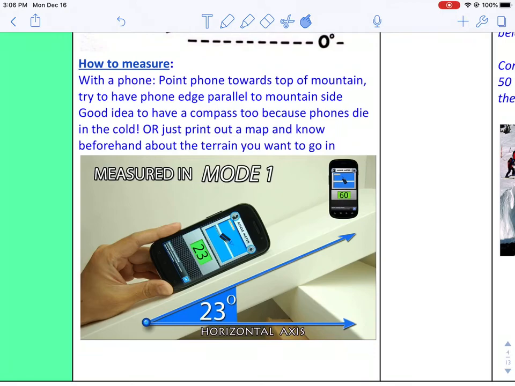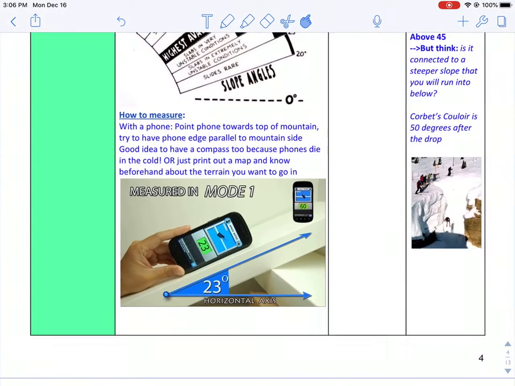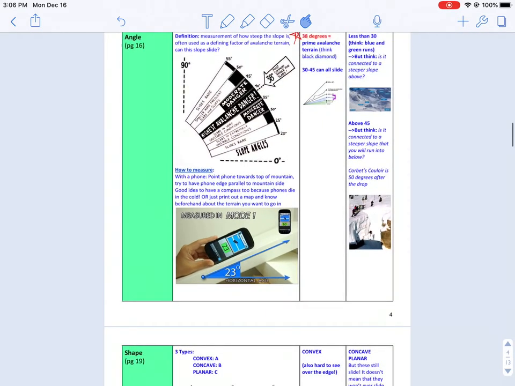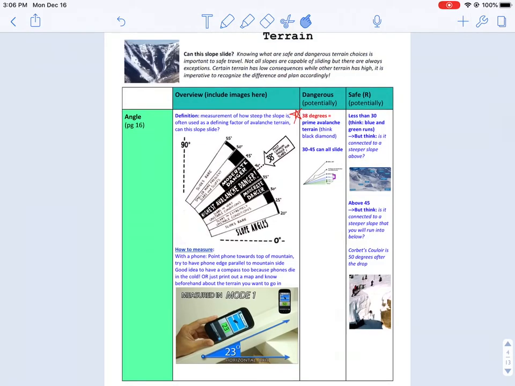You go to compass and then you swipe, and you can measure the angle, which is kind of cool. There are also lots of resources on the computer and different map programs that will tell you angles too. So after angle, you've got several other terrain factors. Go to the class log to find the information.